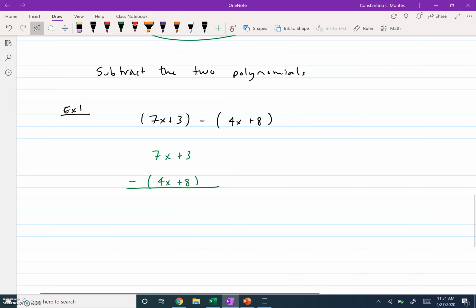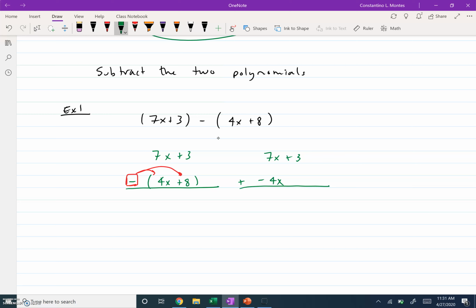All right, so the very first thing we're going to do is take this negative here and distribute it to each term. And then we're going to rewrite this whole thing as 7x plus 3 minus 4x. It's plus now, so negative 1 times a 4x is minus 4x.